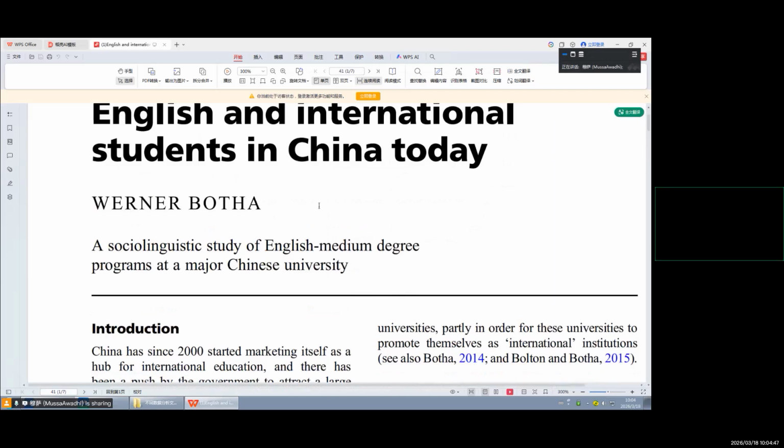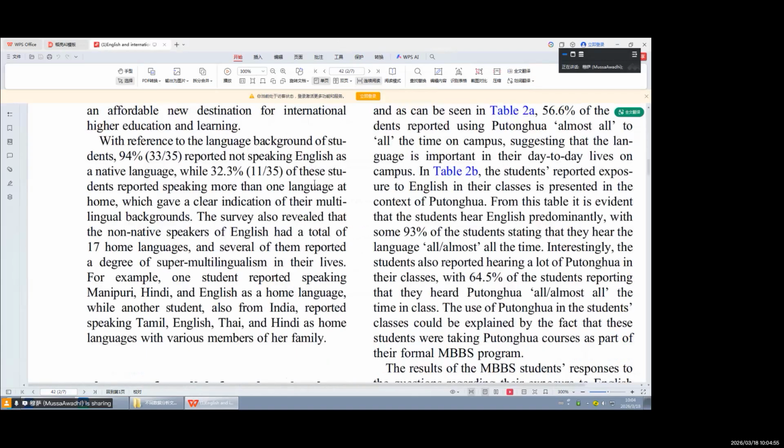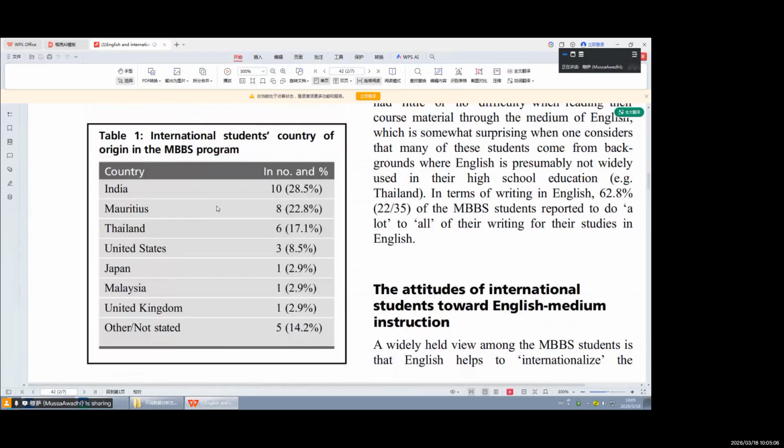You just see what data analysis used in this study. For example, you can take a look at the figures and the tables.